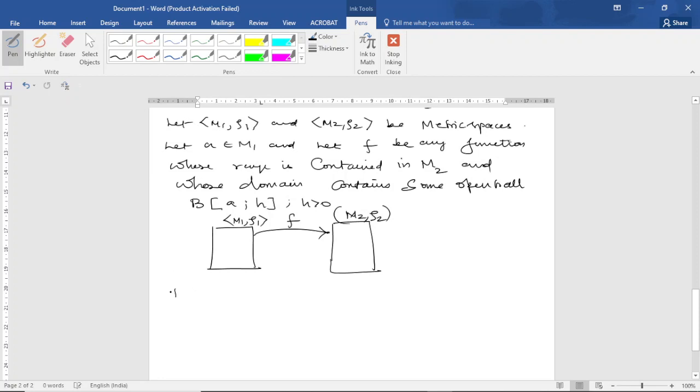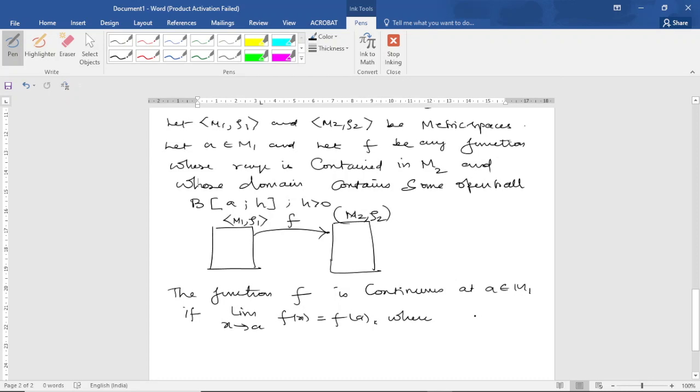Now we go for the definition. The function, say f, is continuous at a point A in M1 if the limit as x approaches a of f of x equals f of a, where the limit of a function is given by the formal definition already discussed.